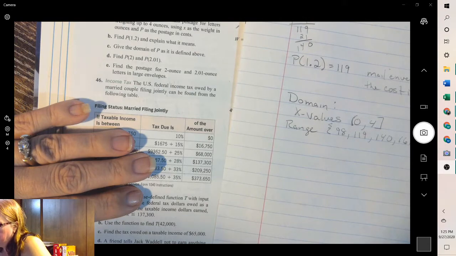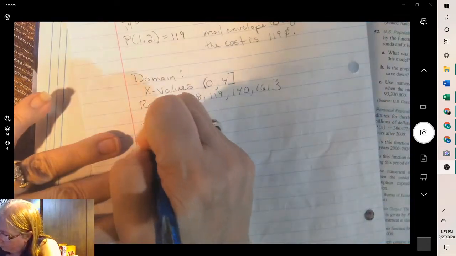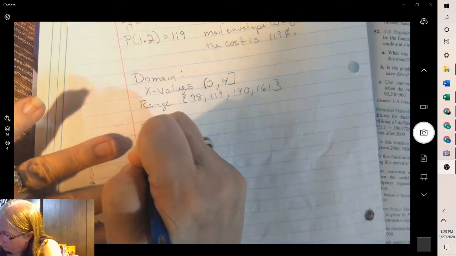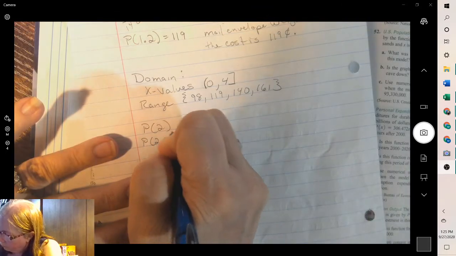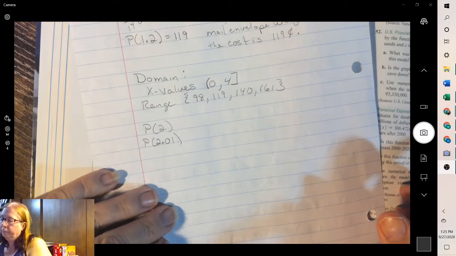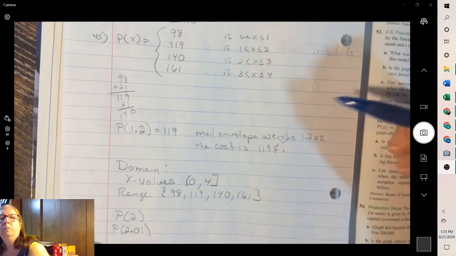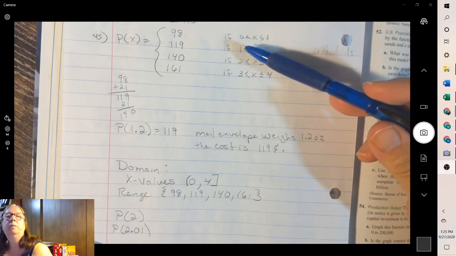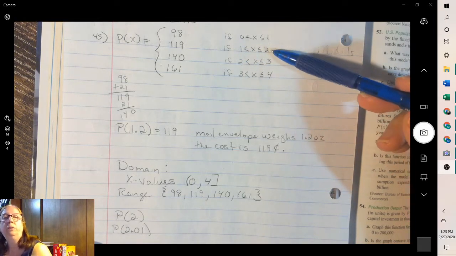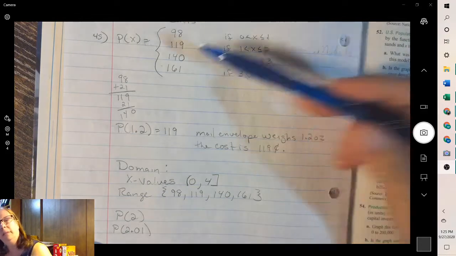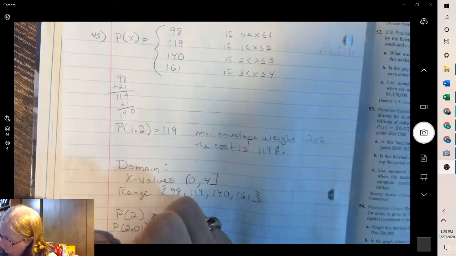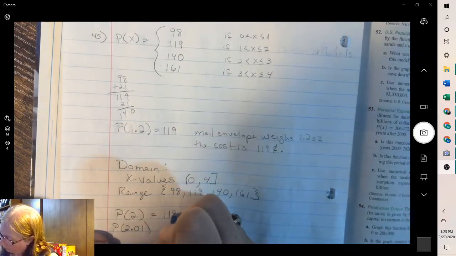Find P of 2 and P of 2.01. Okay, P of 2. 2 falls in this one because from 1 up to and including 2, it's 119 cents, which is what we found up there.